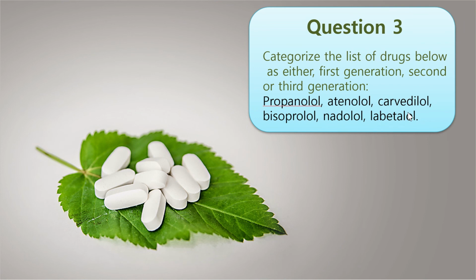We have 6 drugs and 6 names. So what are they? First, second, or third generation? Try to recall at least; you should know by now propranolol, atenolol, and maybe these 2. You should have an idea of most of them by now.